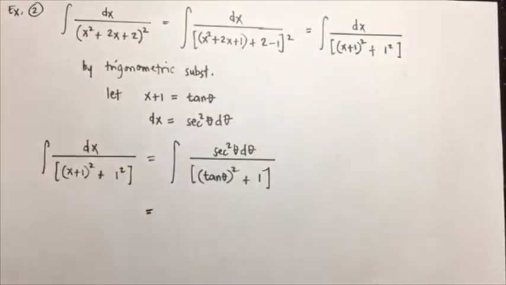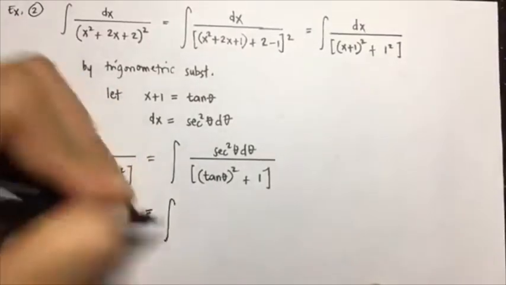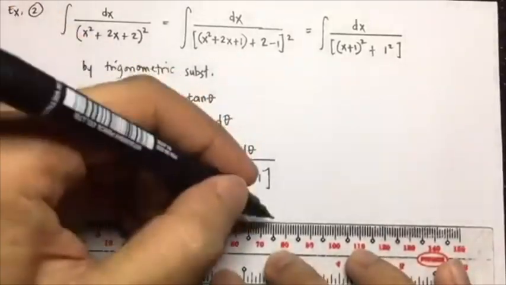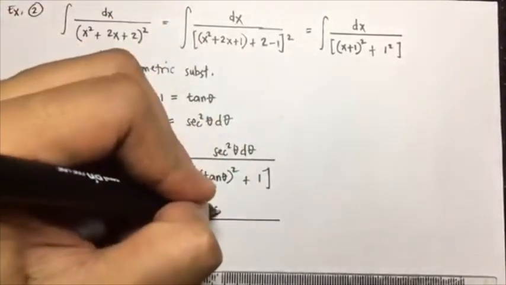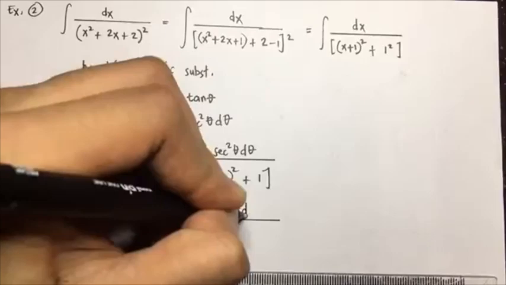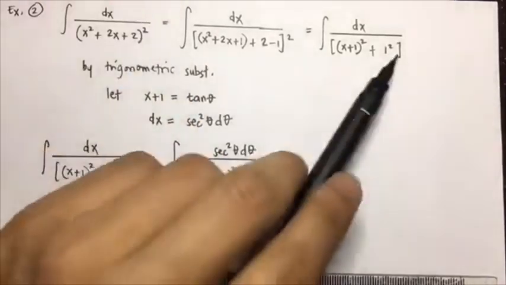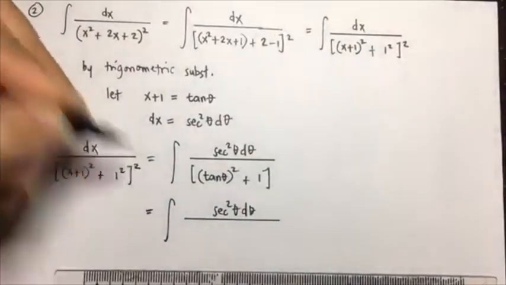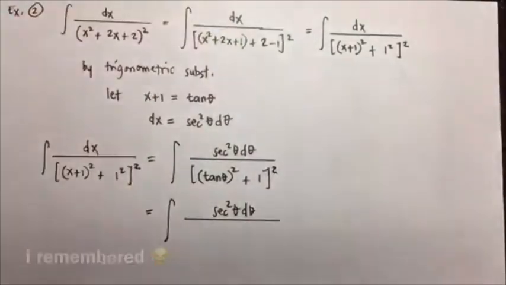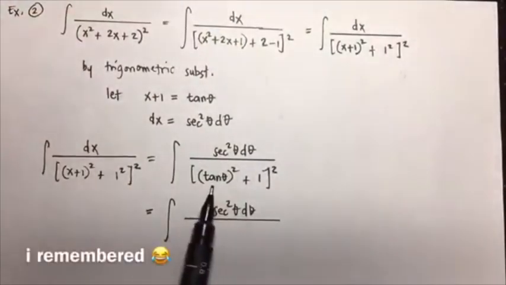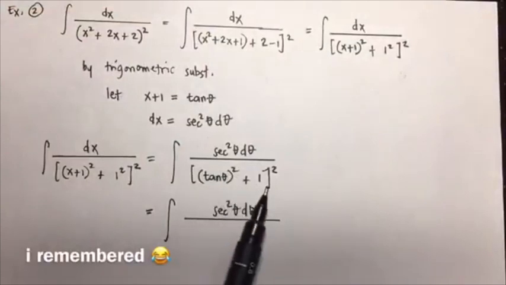So this will become secant squared theta d theta. I'm sorry, I forgot to write the squared. So we have here tangent squared theta plus 1.